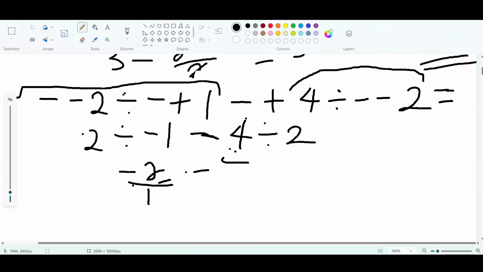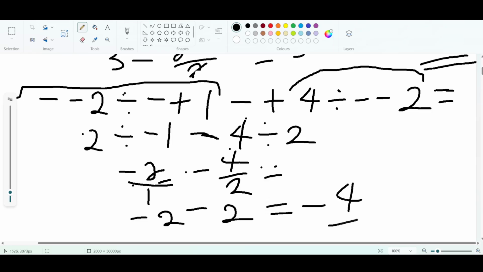So this is 4 all over 2. So minus 2 over 1, of course, is going to be minus 2, and minus 4 over 2, that's going to be minus 2. So minus 2 minus 2 is going to be minus 4, which is the final answer. So this is how we get this.